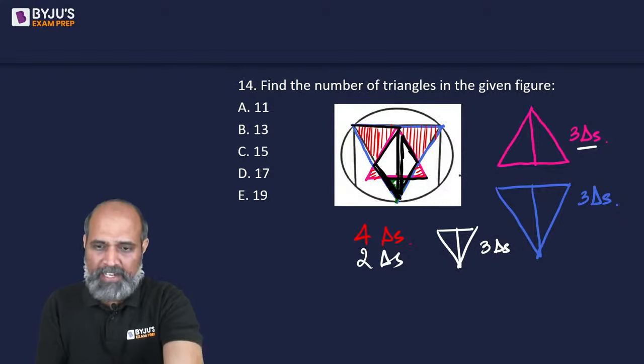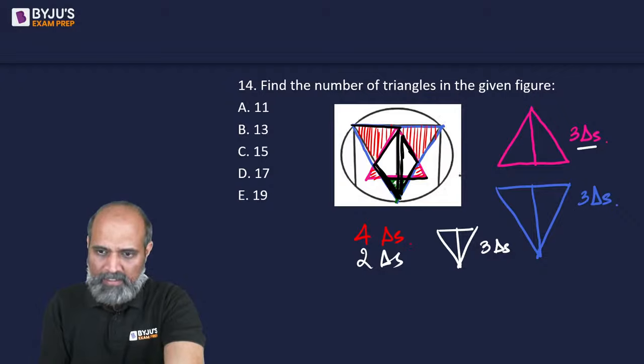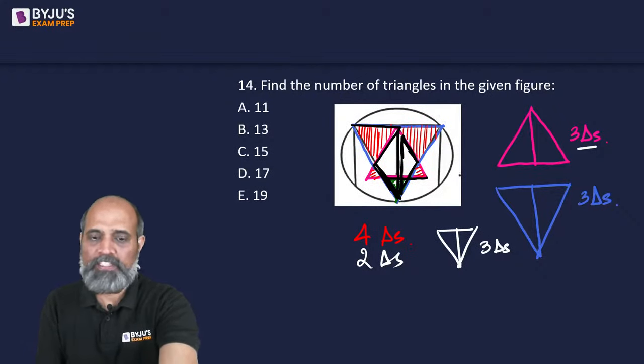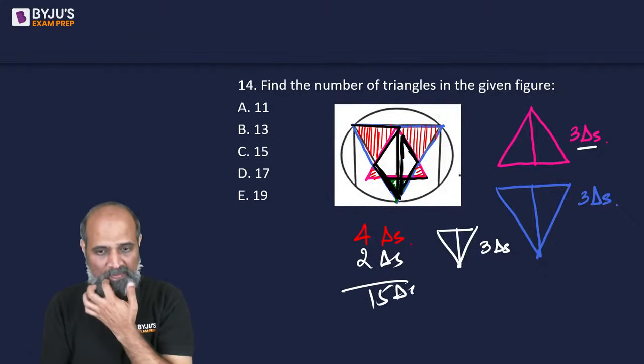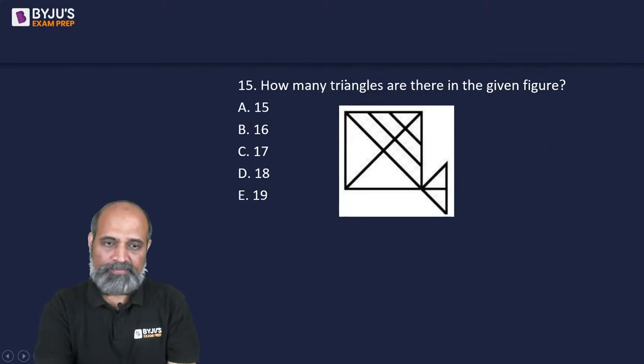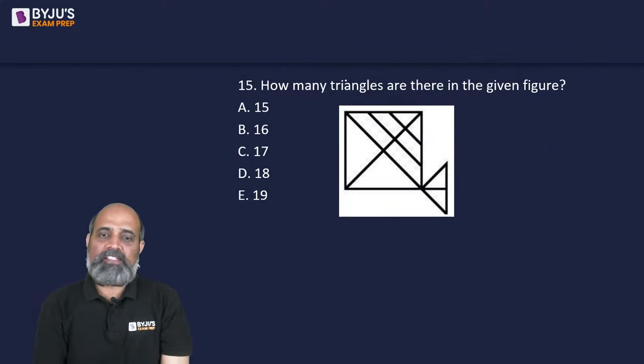Did anybody say 17? 17 किसी ने कहा था? प्लीज दिखाया जाए. नहीं, 15 was the maximum you guys said. ठीक है, 15 तक तो पहुंच गए. 15. Another one. How many triangles are there in the given figure?